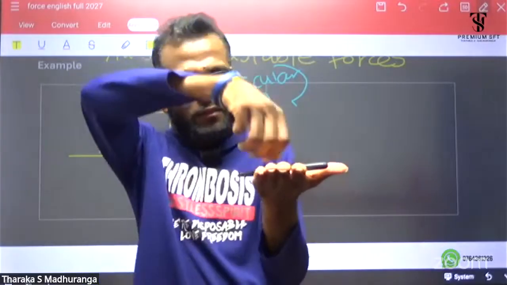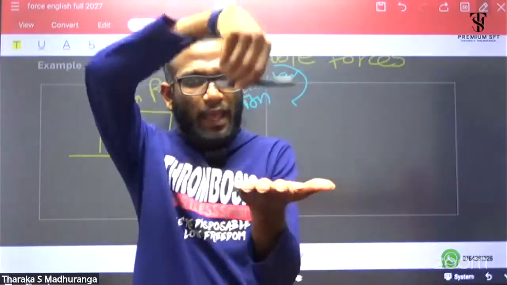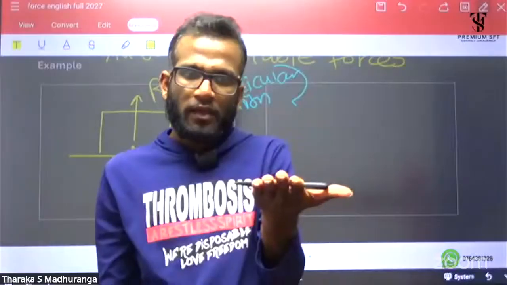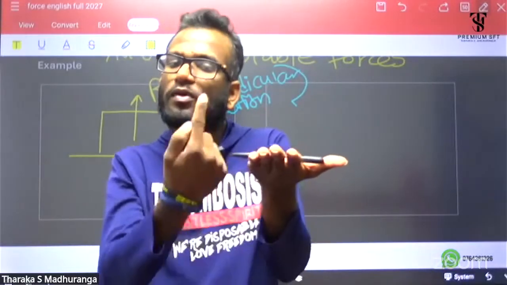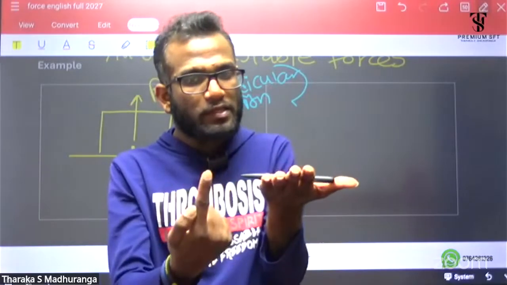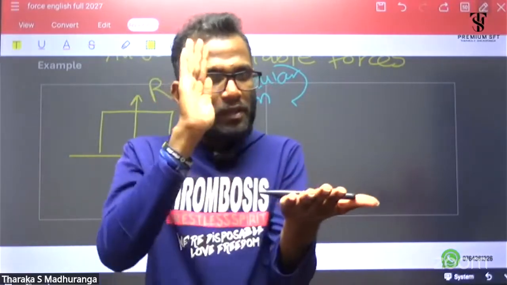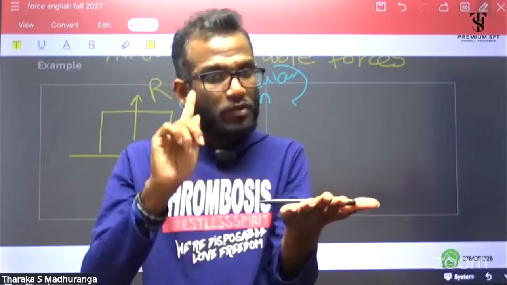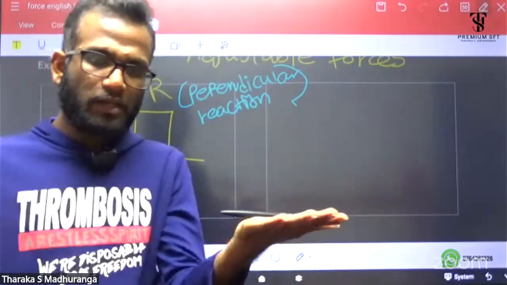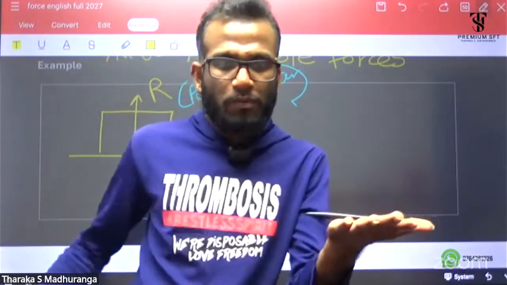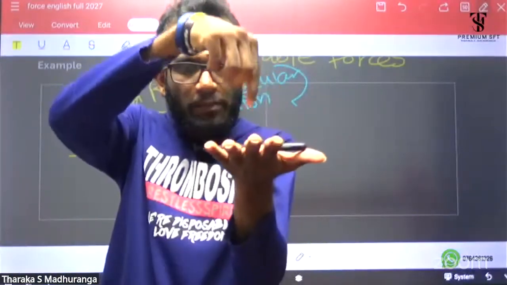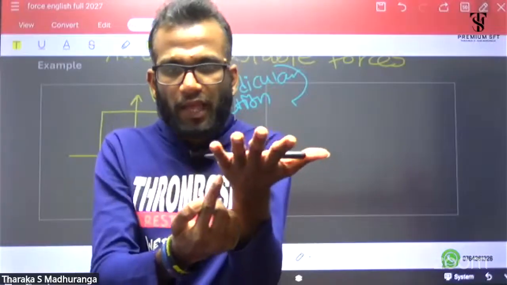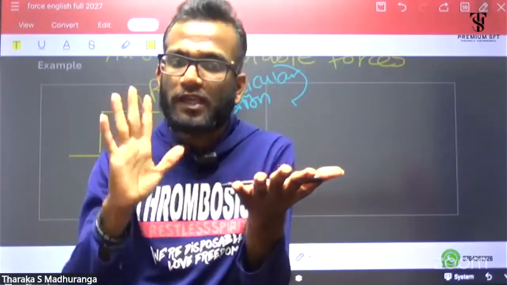Think this pen is resting on my hand. Now the weight of the pen acts on my hand. There is another force acting by my hand on the pen. That is the perpendicular reaction. According to Newton's first law, the weight given by the pen and the reaction force given by the surface are equal.